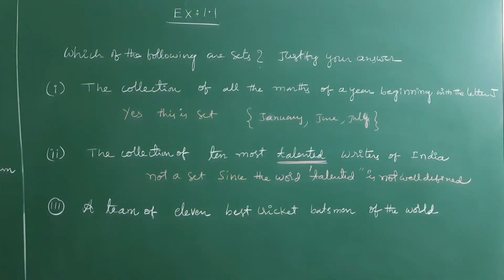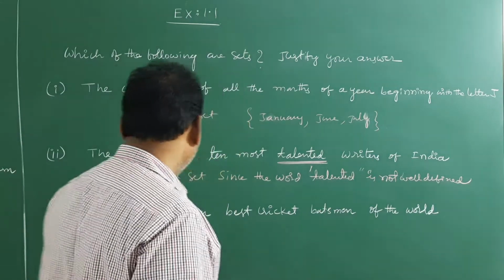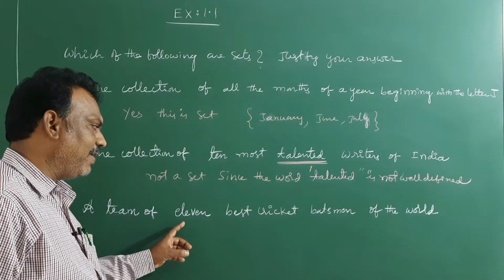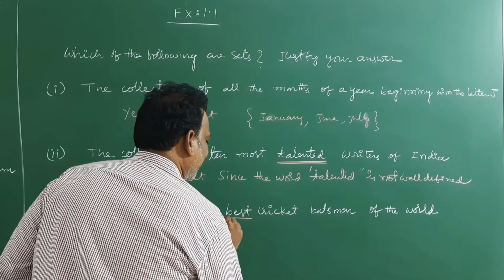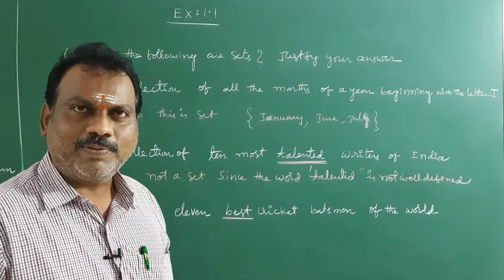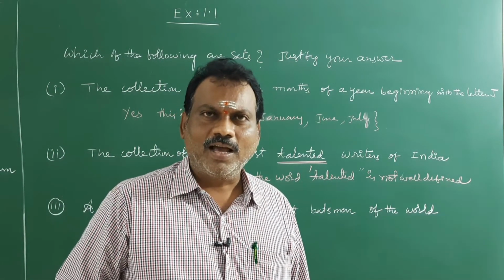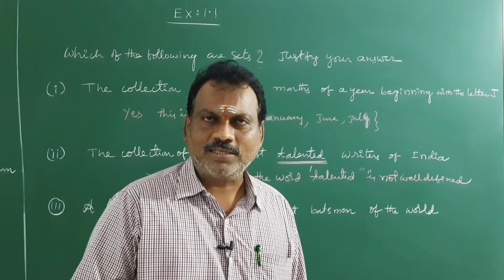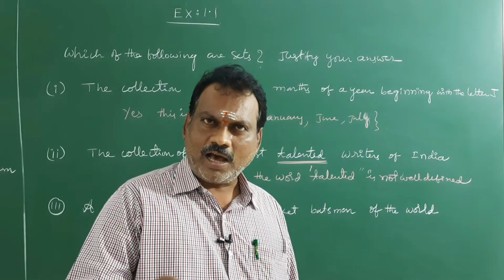A team of 11 best cricket batsmen of the world. Once again, a team of 11 best cricket batsmen. What is best here? On which basis best? Fastest centuries, giving more sixers or more fours, making more hundreds or more fifties?